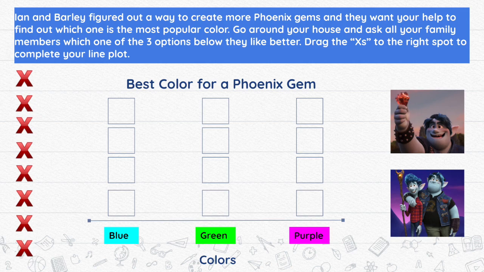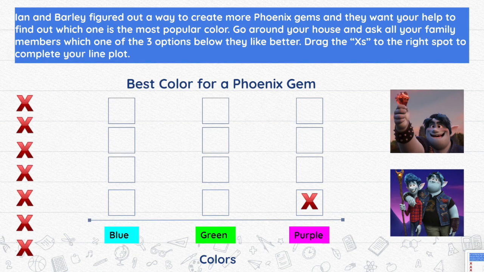So all you're going to do is drag all those red axes that you see on the left to the right color. So you're going to go to your mom, for example, and say, hey mom, which one of these colors do you like better? Blue, green, or purple? And your mom might say purple. So you are going to drag the X all the way to the purple, okay?